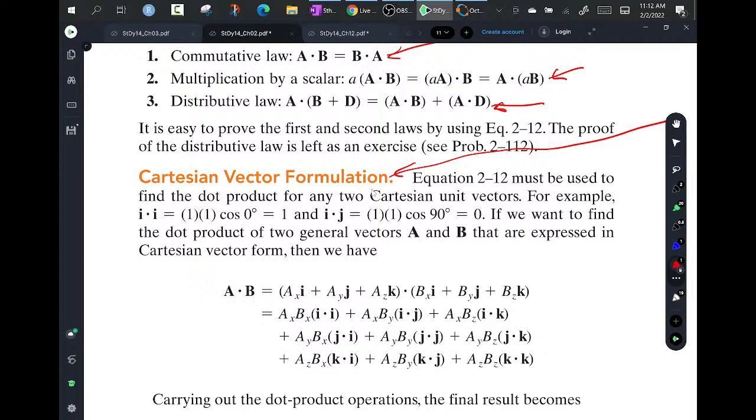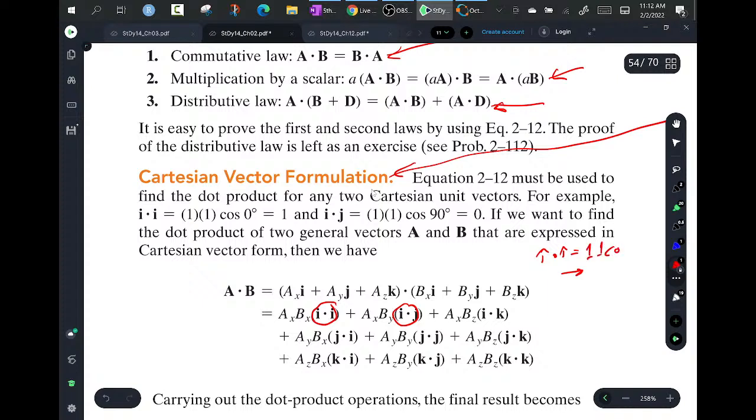Then you start staring at these components and you notice something interesting. If you look at a vector I, its length is 1. I dotted with I is the length of I, which is 1, times the length of I, which is 1, times the cosine of the angle between them, which in this case is 0 degrees. So you just get a 1 out of that. But I and J are 90 degrees apart.